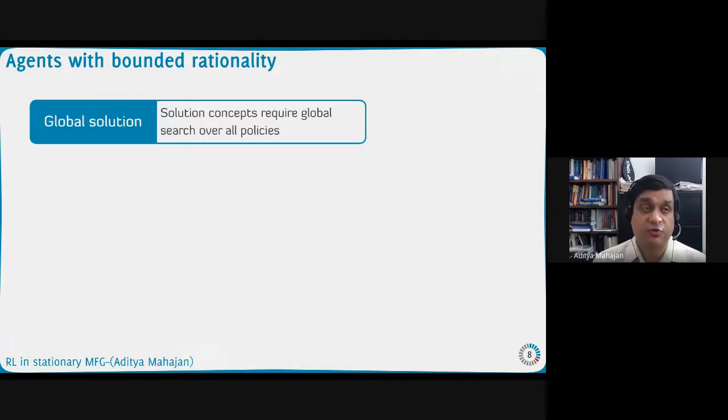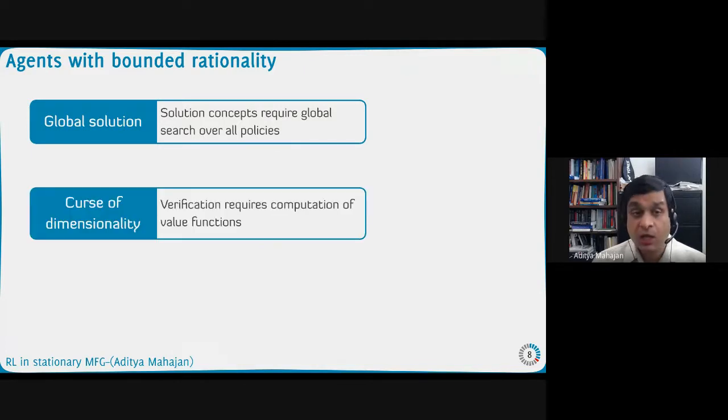Checking whether a strategy profile and mean field is in equilibrium or not requires a search over all other policies. There is also the usual curse of dimensionality, that in order to verify whether something is in equilibrium or optimal, I have to compute the performance of expected future rewards for a given strategy profile. And if my state space is large, computing such value functions is computationally difficult.